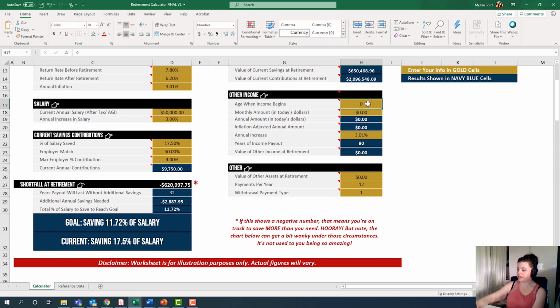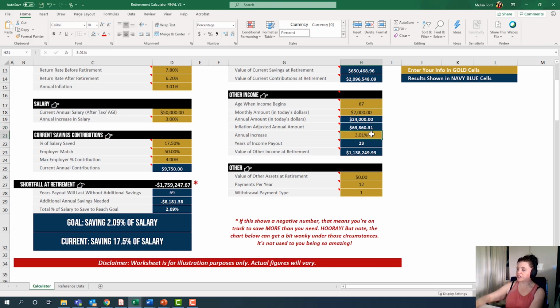So I'll put in 67 because that's what it says. Then we put in what we expect to get. It's in today's dollars, so it'll adjust for inflation for you. You don't have to worry about that. I'm just going to put in, let's say, $2,000. Then it'll show you the annual amount in today's dollars and the inflation adjusted amount.